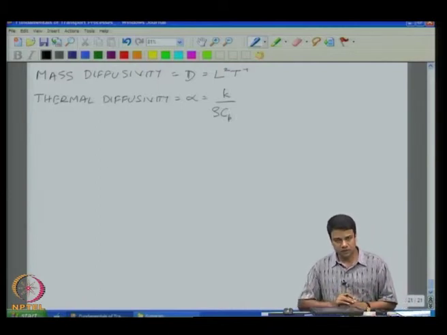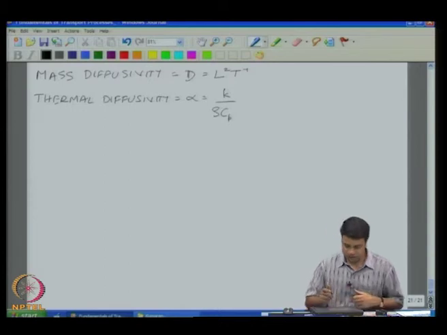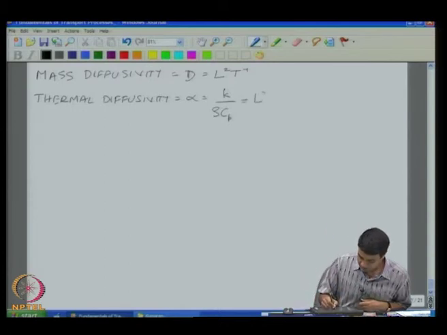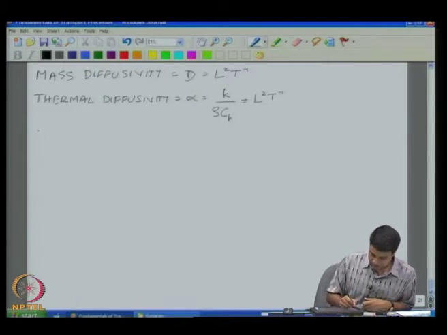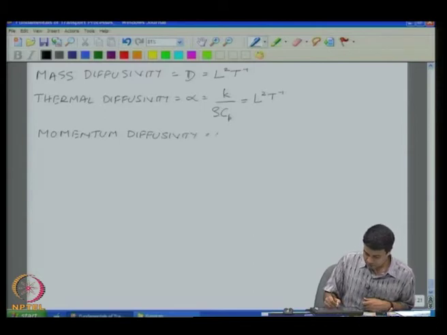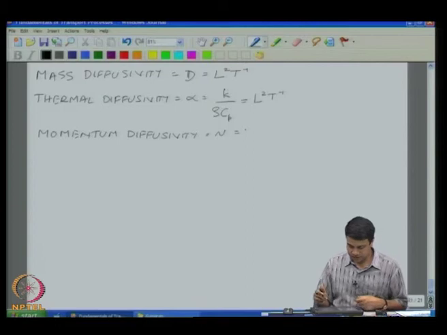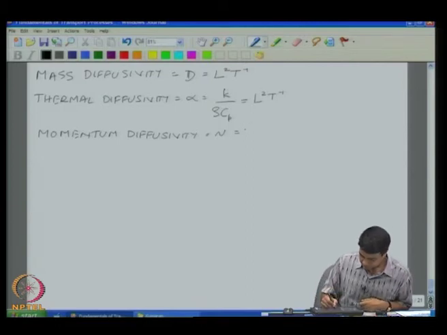You can work it out for yourself and you will find that this is also equal to L square times T inverse. And then there is momentum diffusivity, which is nu, the kinematic viscosity, mu by rho. That will also have dimensions of L square T inverse.